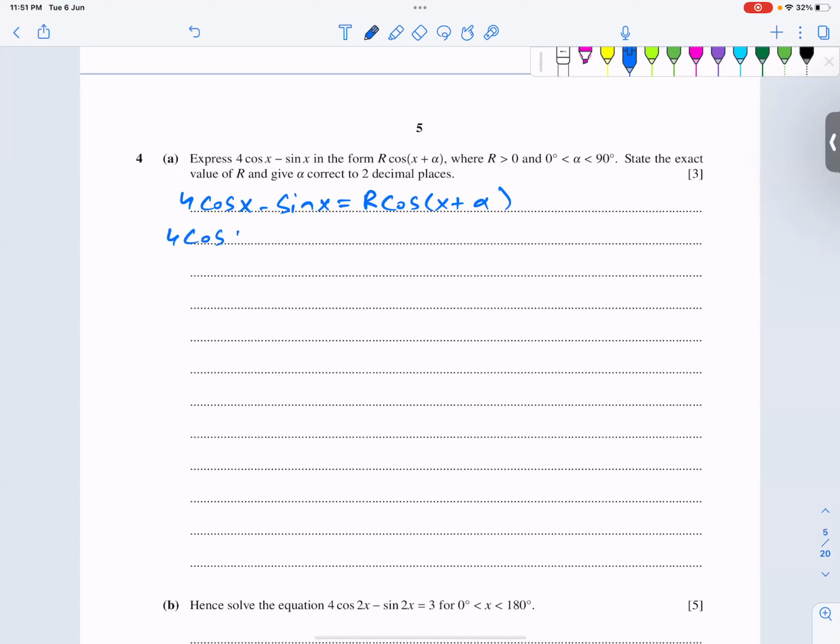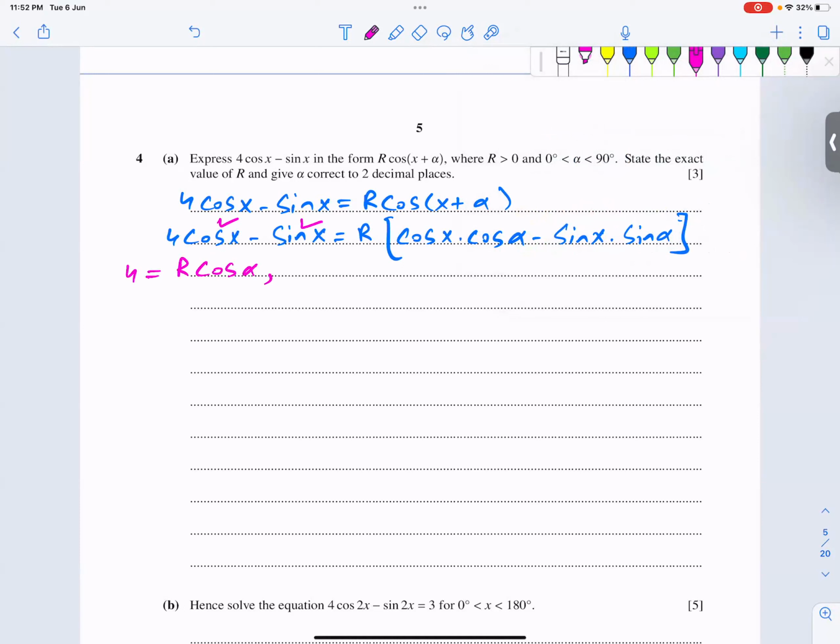Now apply the identity on the right side: cos x cos alpha minus sin x sin alpha. Now compare the cos x and sin x. Comparing cos x, you have 4 is equal to r cos alpha. Comparing sin x, you have minus 1 is equal to minus r sine alpha, or simply 1 is equal to r sine alpha.